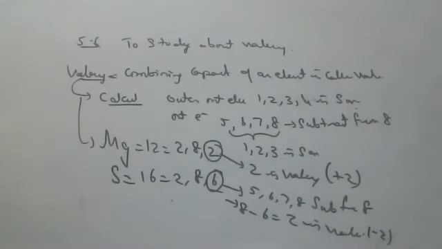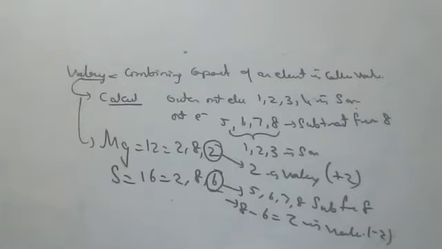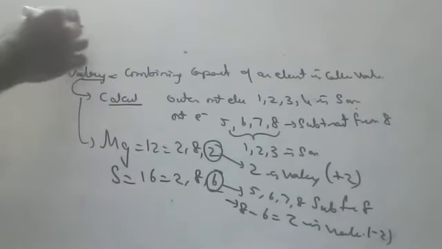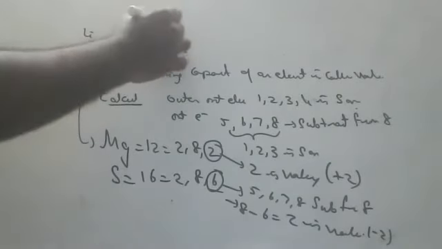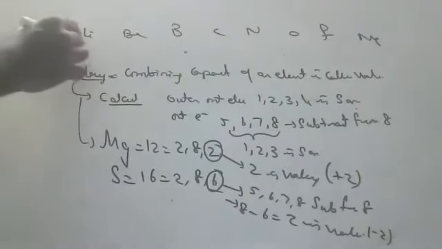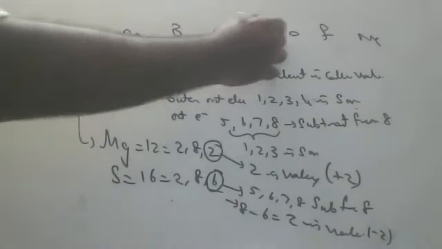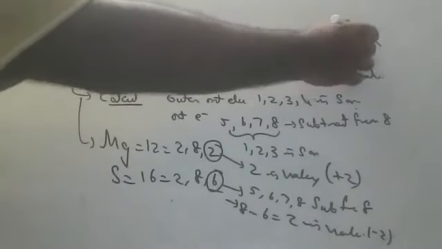Okay, so how does the valency vary in a period? Yesterday I was studying this, children. One period I'm writing: lithium, beryllium, boron, carbon, nitrogen, oxygen, fluorine, neon. Their configurations are 2,1; 2,2; 2,3; 2,4; 2,5; 2,6; 2,7; 2,8.